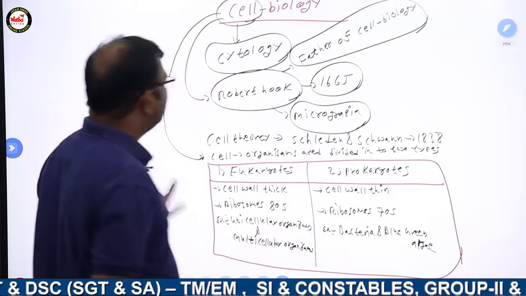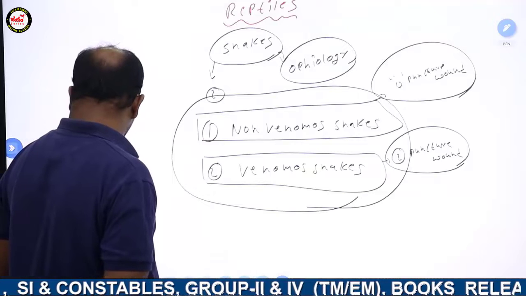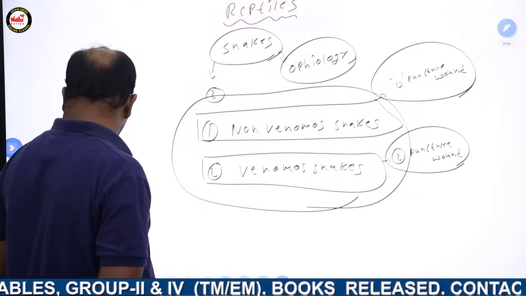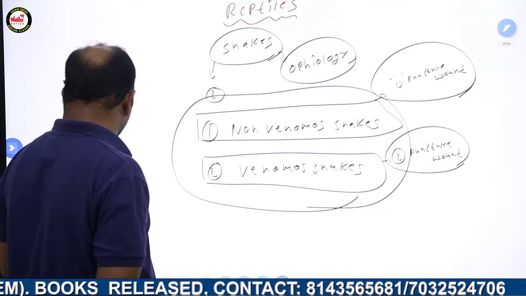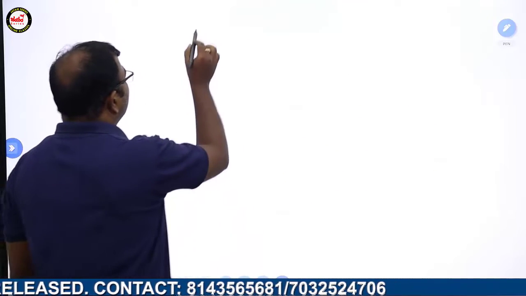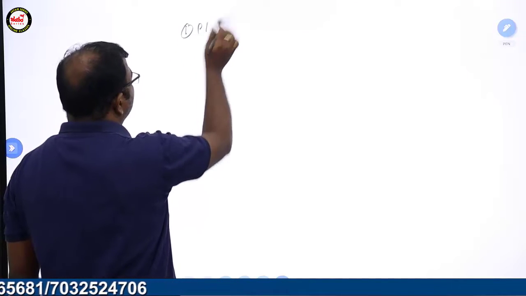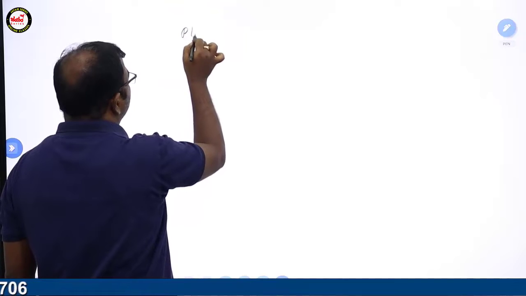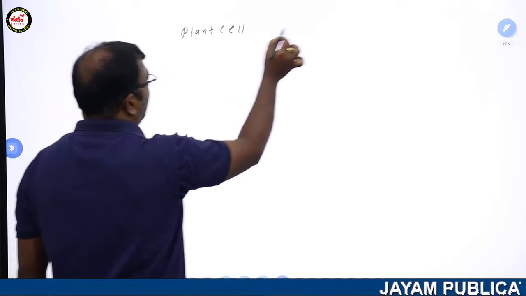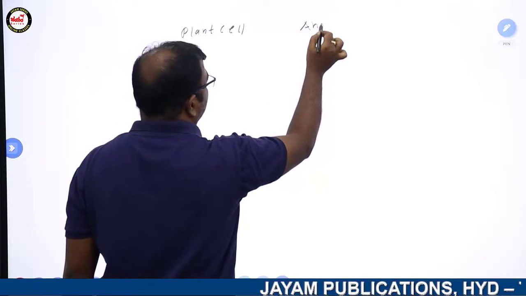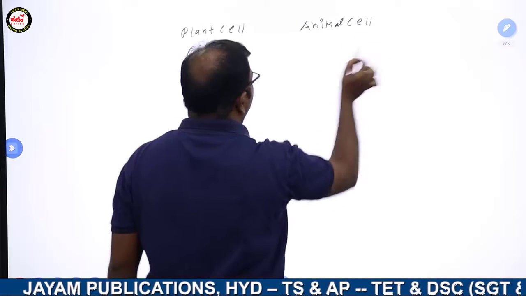The cell is divided into two types. The first one is plant cell and the second one is animal cell.